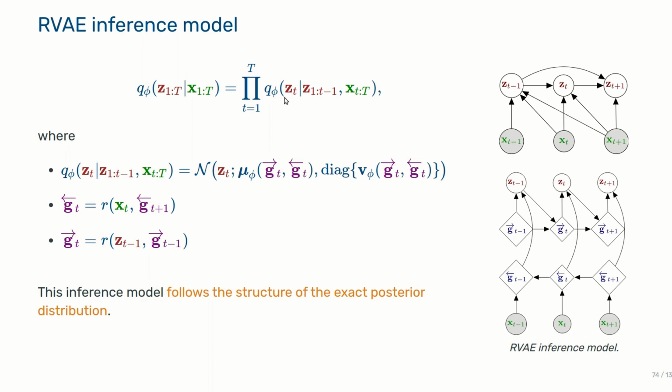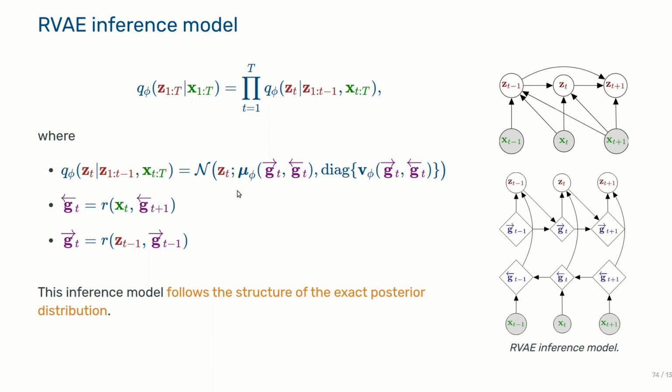So in a way, the posterior distribution of ZT depends on all the previous codes and all the future observations. Of course, the inference model is assumed to be a normal distribution whose parameters depend on a forward recurrency and a backward recurrency.